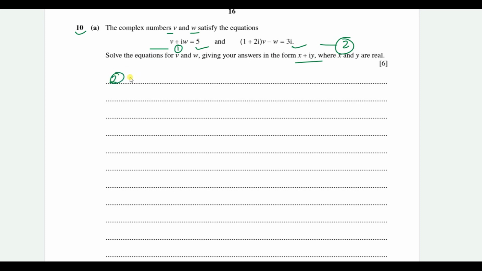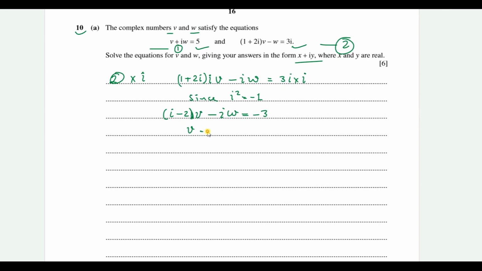Multiplying the second equation by iota, we will have (1 plus 2 iota) into (iota v minus iota w) is equal to 3 into iota, and we know that since iota square is equal to minus 1, we can use it here, and it can be written as (iota minus 2) times v minus iota w is equal to minus 3, and we will rewrite the first equation below it.